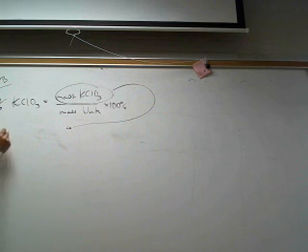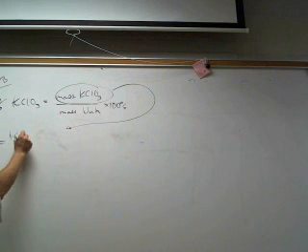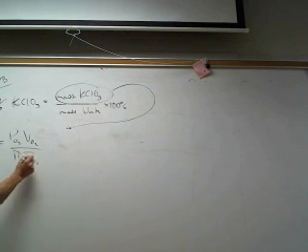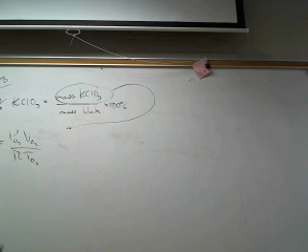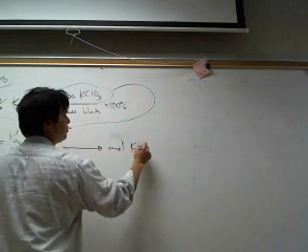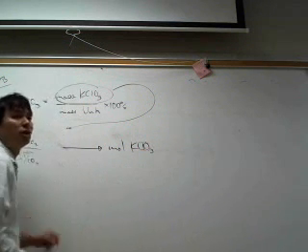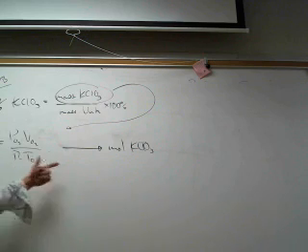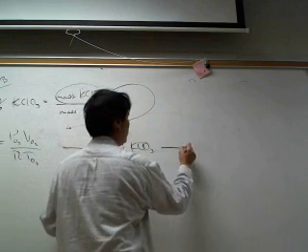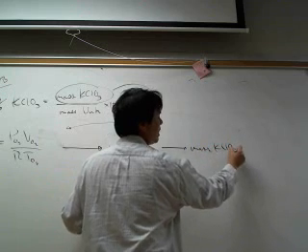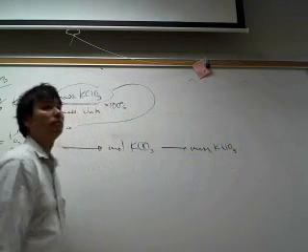The moles of O2 is just equal to the pressure of O2 times the volume of O2 over the gas constant times our temperature of O2. Okay, once we have the moles of O2, then we're going to convert that into moles of KClO3 using the mole ratio. So mole-to-mole conversion, and then once we have moles of KClO3, we'll go to mass of KClO3 using the molar mass. And then we're done.